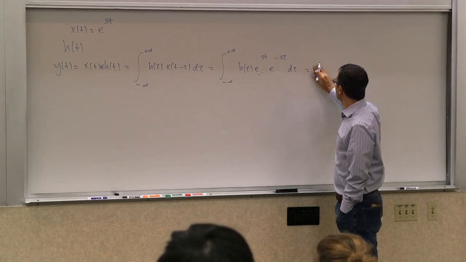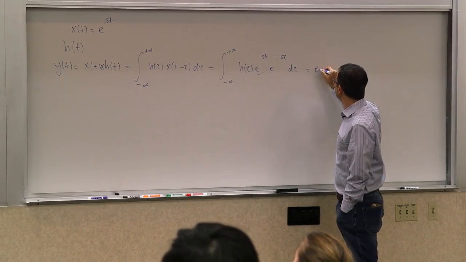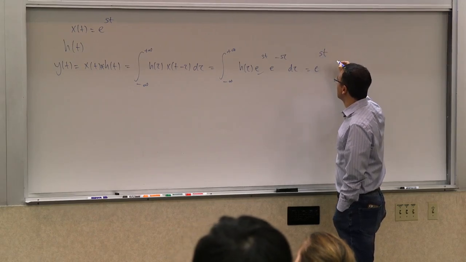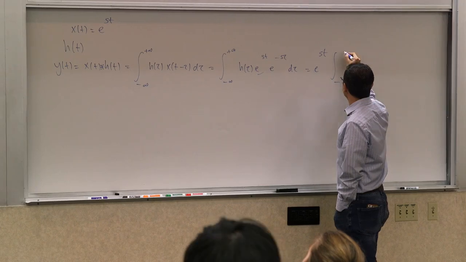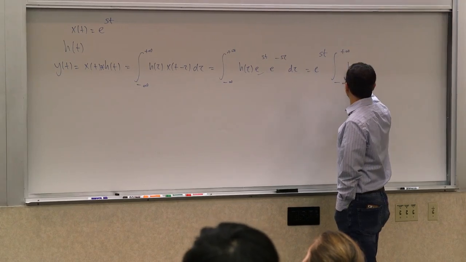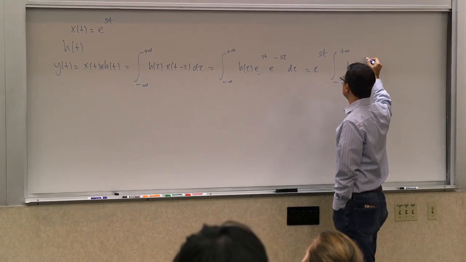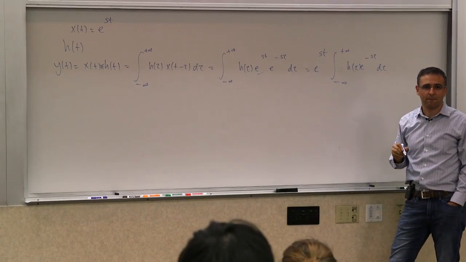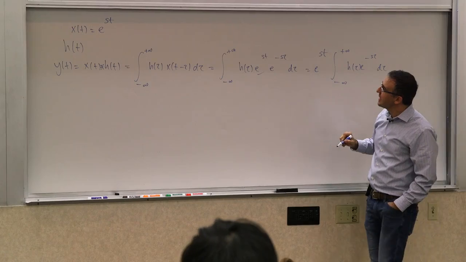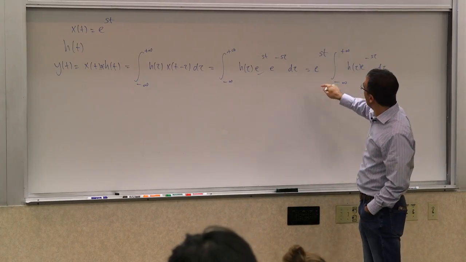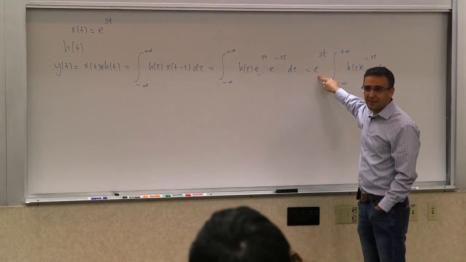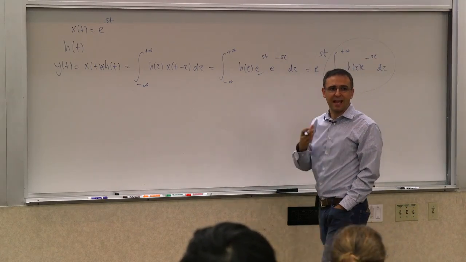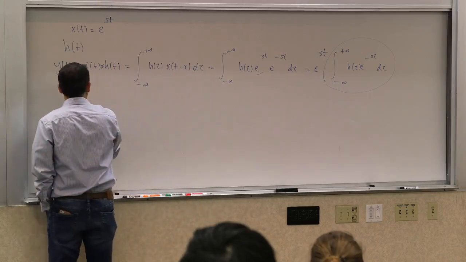I can write it as e to the st, I'm sorry, st, not s tau, st, times the integral from negative infinity to positive infinity of h of tau e to the negative s tau d tau. So you can see that the response of the system is also of the form e to the st, weighted by this thing. That's the scaling of that thing.